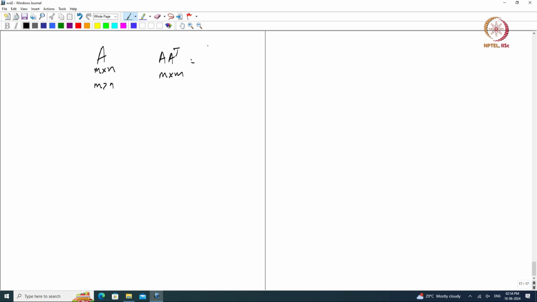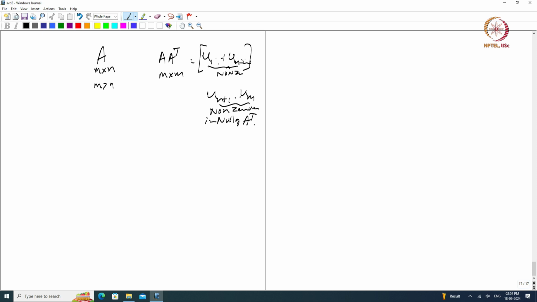The only problem is you will have V1 to Vn, and U1 to Un at the most non-zero, then you will have to find Un plus 1 all the way to Um, these non-zero vectors in the null space of A transpose.